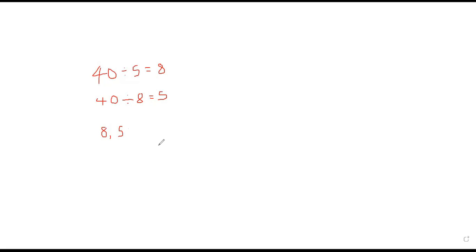Now, I'm going to teach you how to find the factors of numbers. Let's say, for example, we are asked to find the factors of the number 40. How do you find the factors of 40? The first thing you do is write 40 and then rule a line this way.